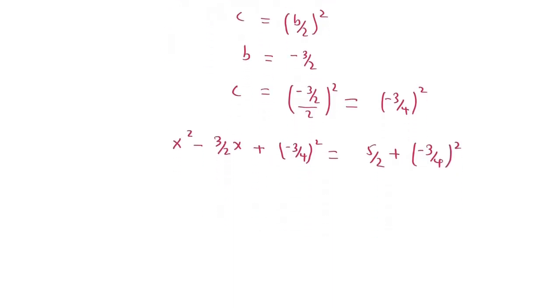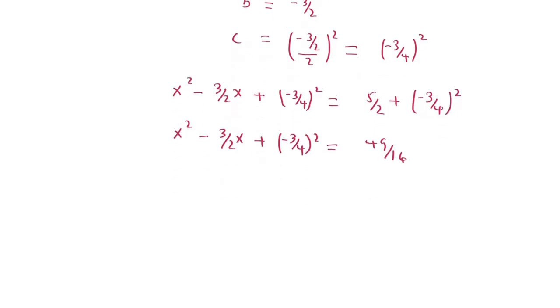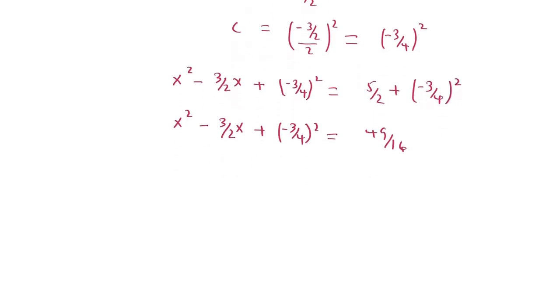Then our expression is going to be x squared minus 3 over 2x plus negative 3 over 4 squared equals 49 over 16. Okay, so since we've completed the square on our left hand side, then we can factorize the left hand side as follows.